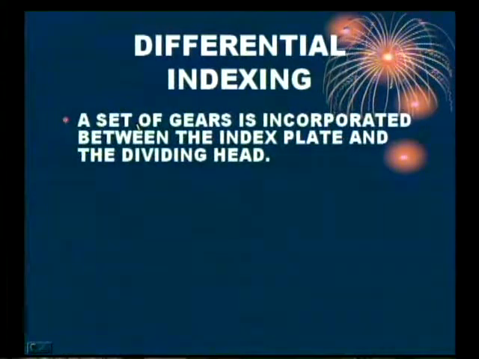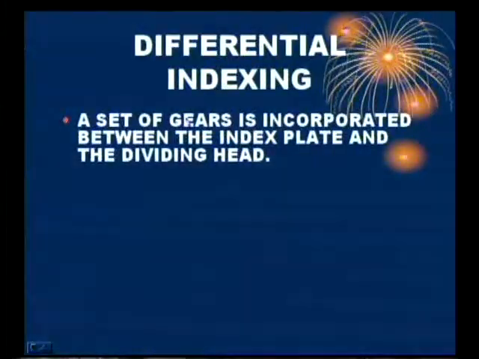For taking care of the second movement, a set of gears is incorporated between the index plate and the dividing head. The gears will in turn rotate the plate itself.